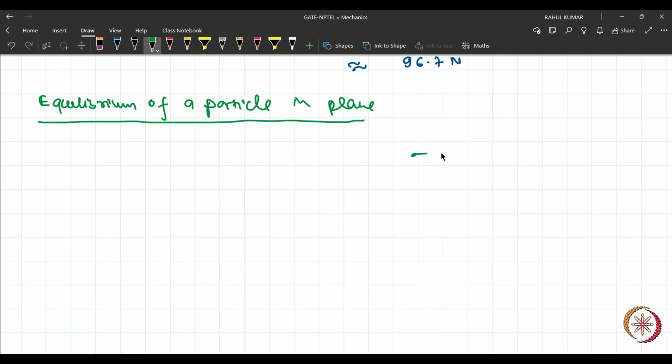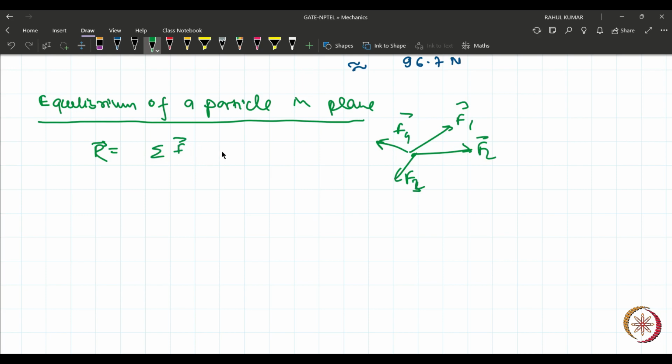So everything will be force. And if you want to put this situation in equilibrium, then definitely the resultant of all these forces must be zero.